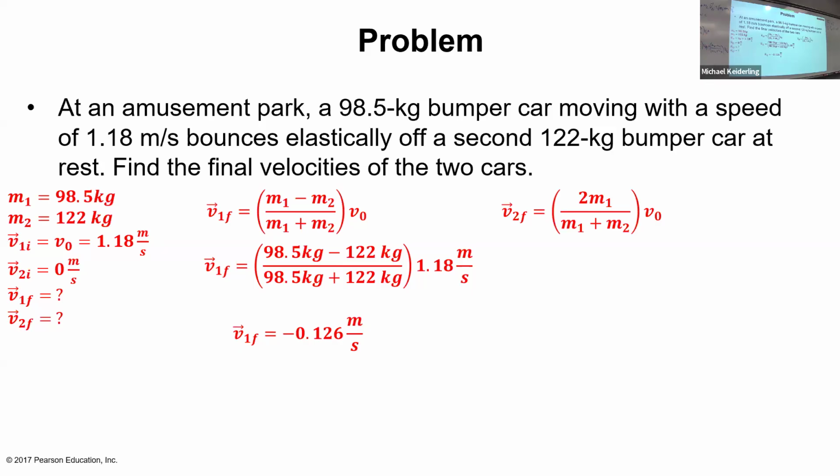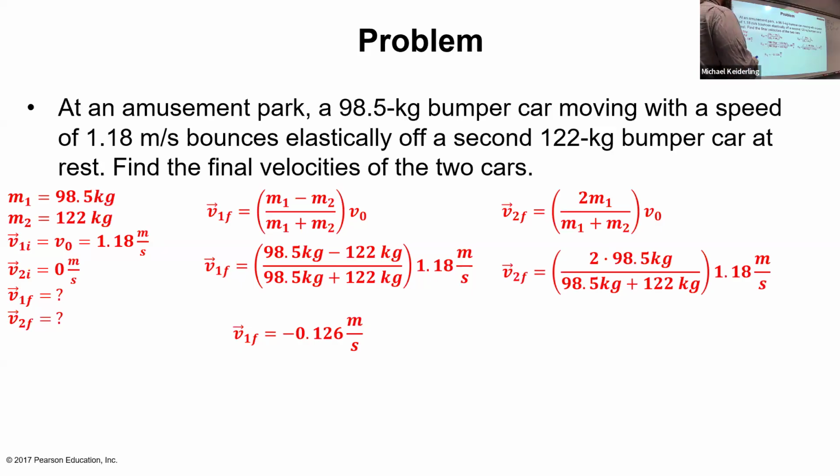V2 final is 2 times 98.5 kilograms over 98.5 plus 122 kilograms, all times 1.18 meters per second, which comes to 1.05 meters per second.